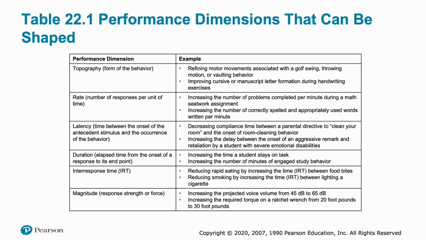And then lastly, we can also try to shape up or shape down the magnitude of a particular response. And magnitude refers to the strength of the form of a response. So some examples of this that we might use in traditional ABA applications might be to increase the voice volume of one of our learners.